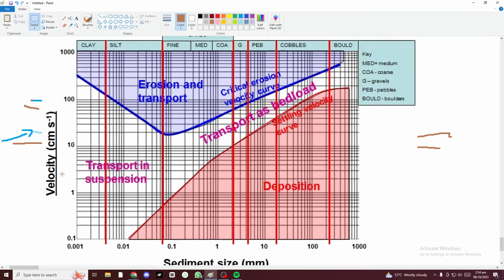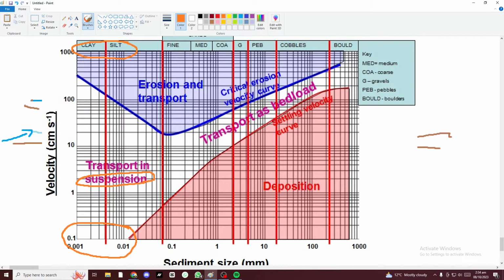Okay, so velocity on the y-axis, sediment size on the x-axis. Clay and silt are exceptions because they are able to be transported in suspension. As you can see here, clay and silt can be transported in suspension. You can say this because deposition does not occur.